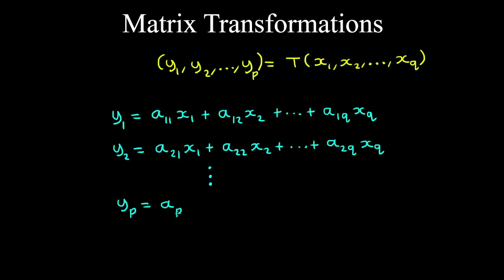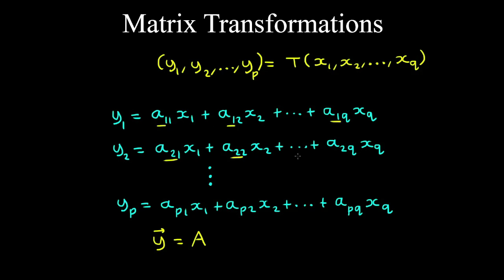So we have ap1 by x1 plus ap2 by x2 and so on up to apq by xq. So this can be written as the vector y is equal to the matrix A being the matrix of coefficients multiplied by the vector x.